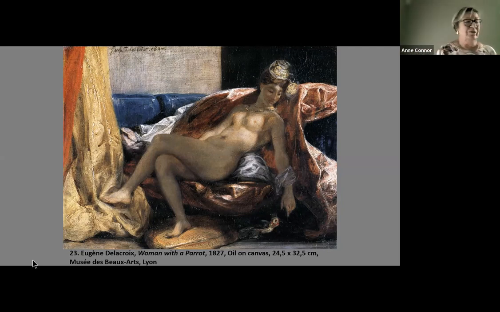So here's a very interesting painting of a woman with a parrot, painted in 1827. And indeed, you see the parrot on the floor and the woman surrounded by these beautiful fabrics, very exotic fabrics.